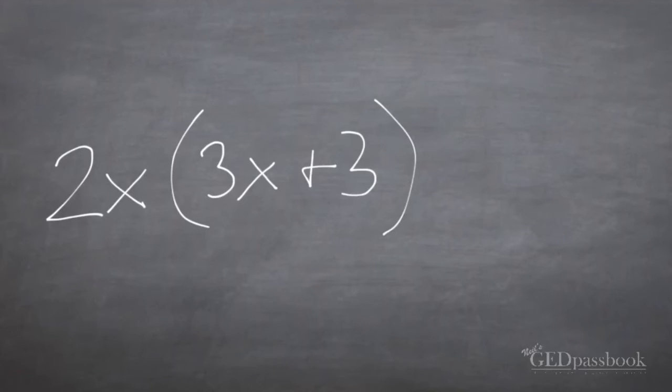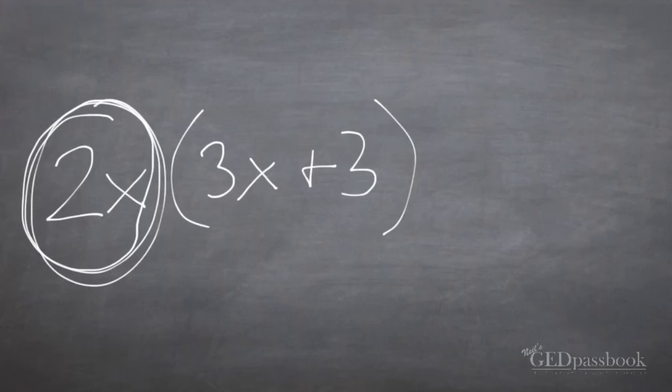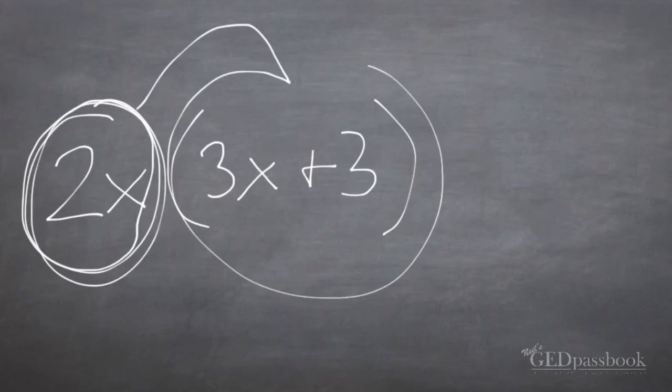So even though PEMDAS wants me to do the parentheses first, there's nothing to do in these parentheses. We can't do the inside, so we have to move down. Are there any exponents? No, there isn't. Is there any multiplication or division? Yes, there is. It's pretty much saying this monomial times this binomial.